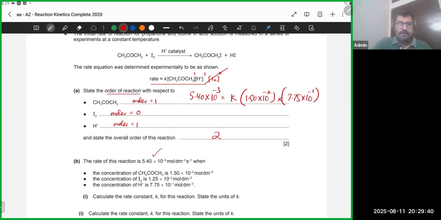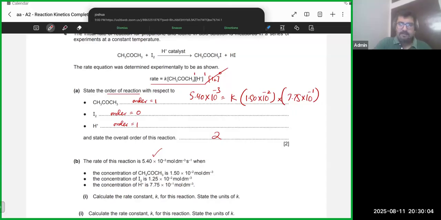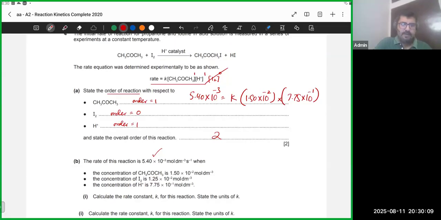Okay, so you have to do two things. You have to find the value of rate, so do that. It's 5.4 exponent minus 3 divided by 0.015, and then that's divided by, no sorry, not 7.75, 0.775.